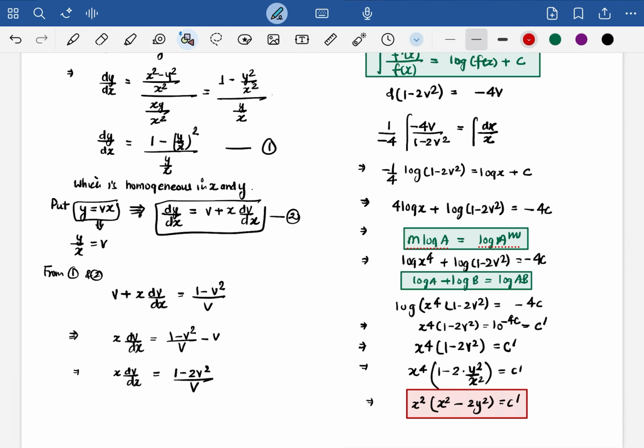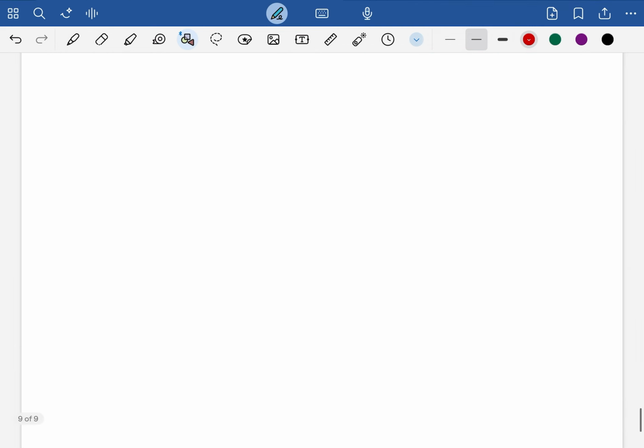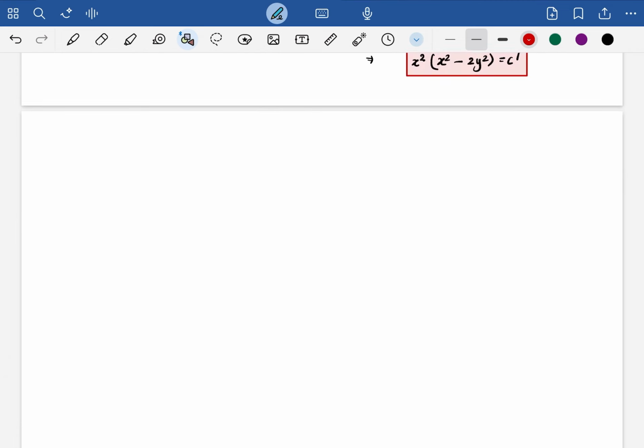Okay, now let me do two more questions for you. Question number 2 is like this: solve x dy minus y dx is equal to under root of x square plus y square into dx.